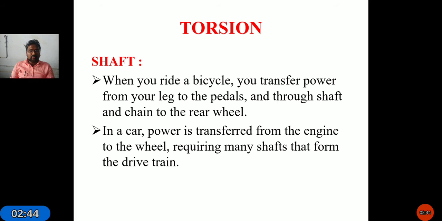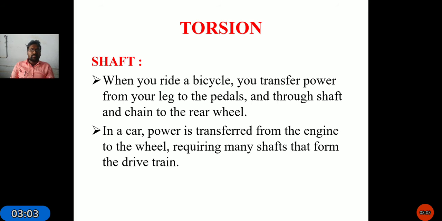Here the power is transferred from the input shaft to the output shaft, and the medium we are using is a chain. When you ride a bicycle, we transfer power from the leg to the pedals, and through the shaft and chain to the rear wheel.